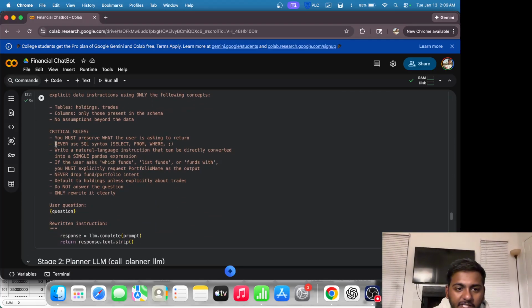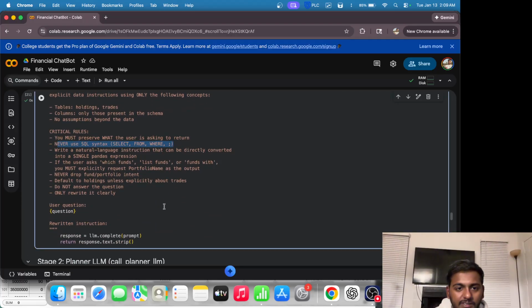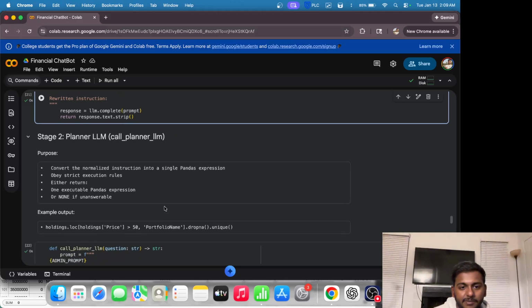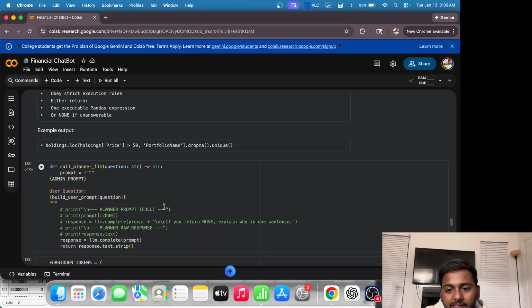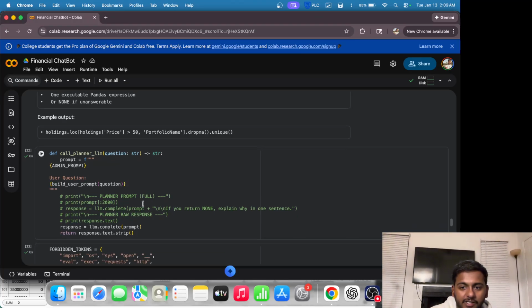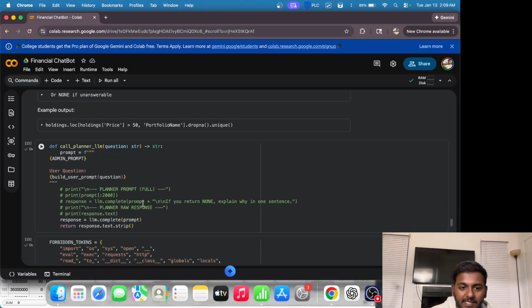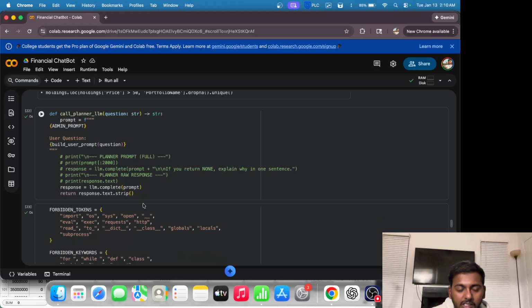I explicitly mentioned that I don't want SQL because, as I told you, this is not a SQL problem statement. This is a pandas problem statement. And then the second step was a strict planner. It must return only one pandas expression, or none if no answers were found.